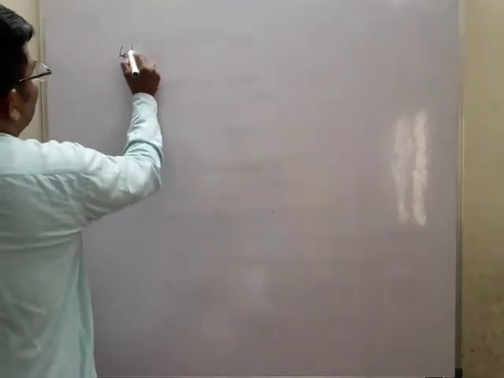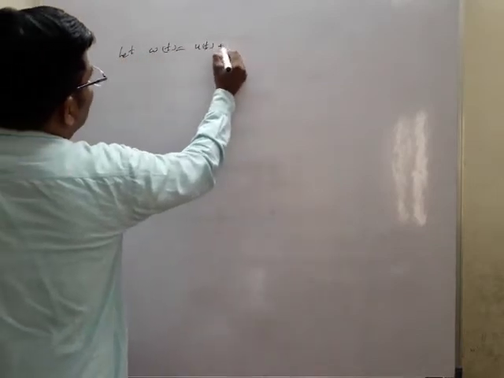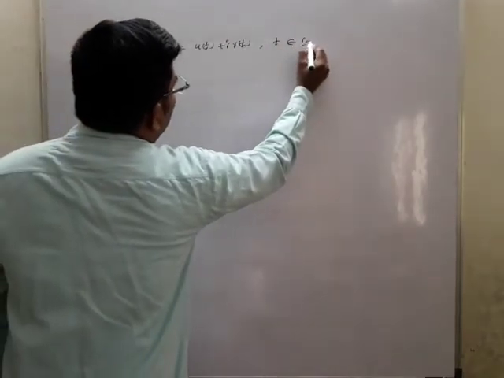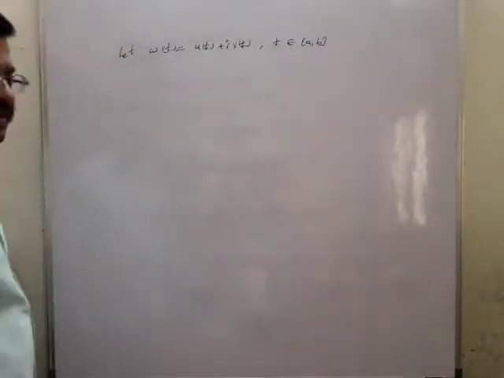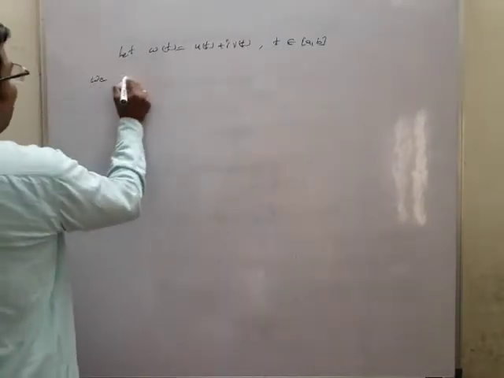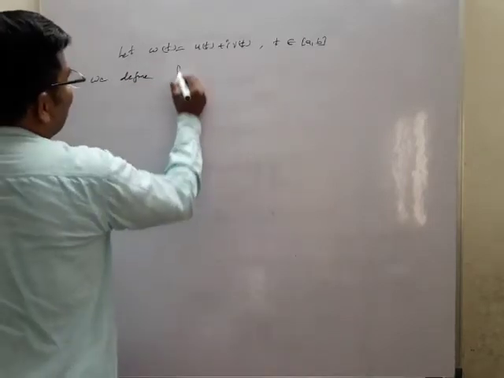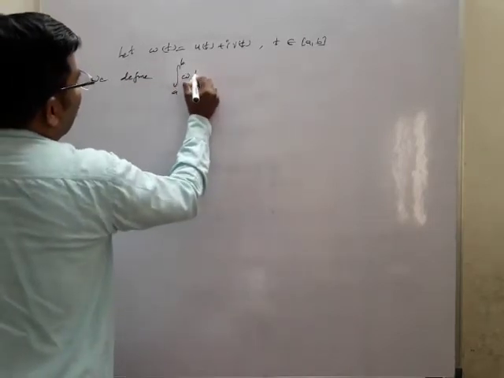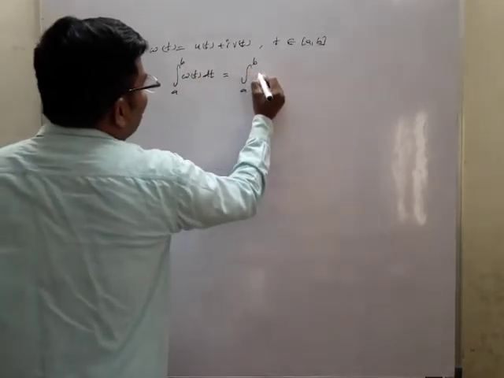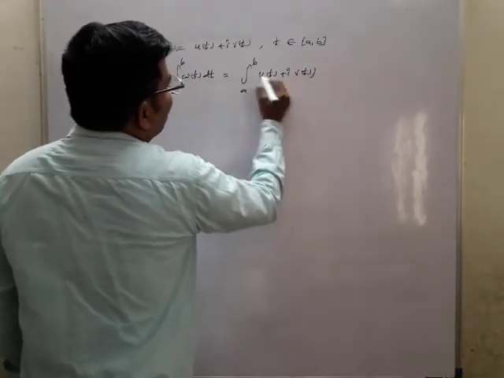Let w of t be equal to u of t plus i v of t, where t belongs to [a, b]. Then we are going to define the integral from a to b of w of t dt as equal to the integral from a to b of u of t plus i v of t dt.